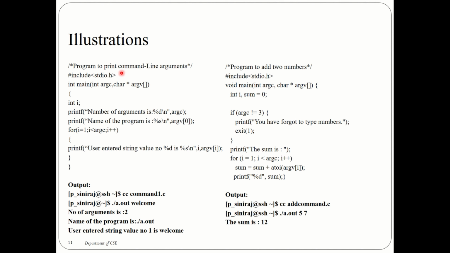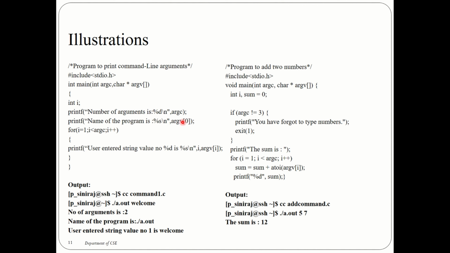First one is the program to print the command line arguments. You are passing your argc and argv. What are you doing? You are actually printing the number of the arguments. How can you print the number of the arguments? From my integer argc. argc will give me the number of the arguments. What is the name of the program? The name of the program I will get from argv[0].